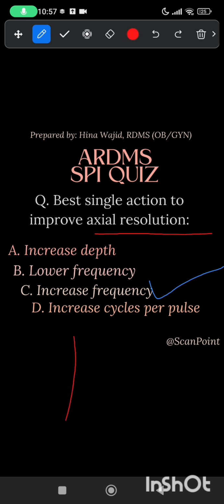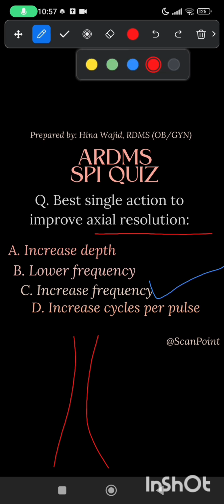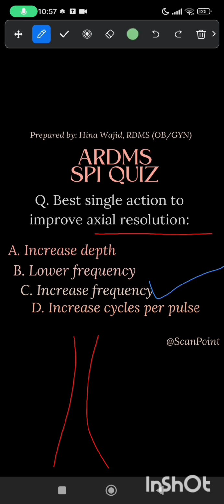So if this is our beam and two structures are placed like this along the depth of the beam and we can identify them separately, it's our axial resolution. It is also known as depth resolution or range resolution.